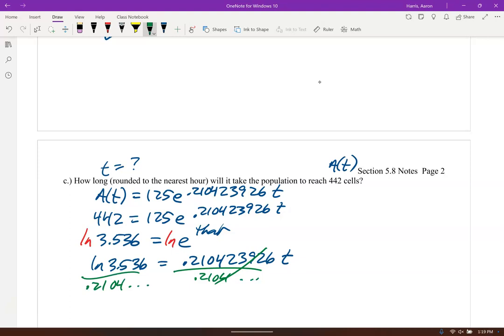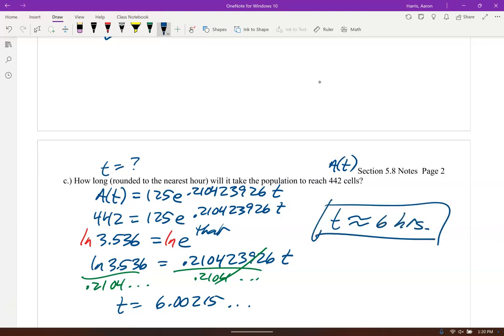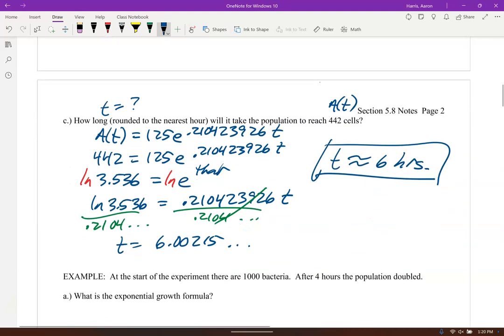And so t is 6.00215 and so on. So approximately 6 hours if I round to the nearest hour on that.